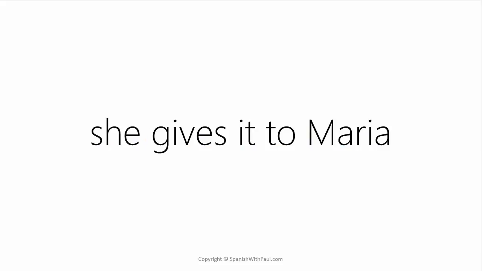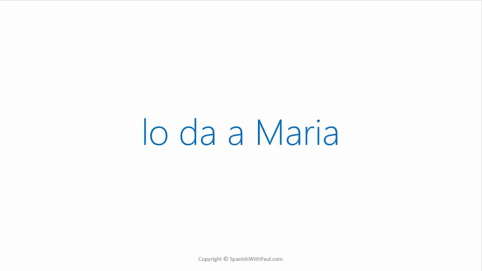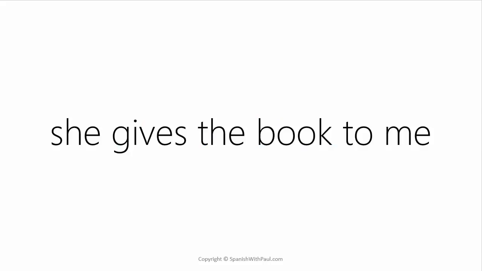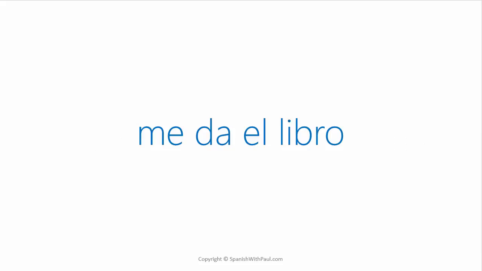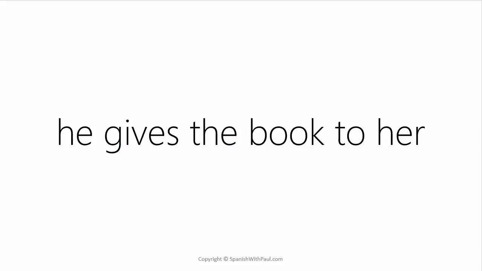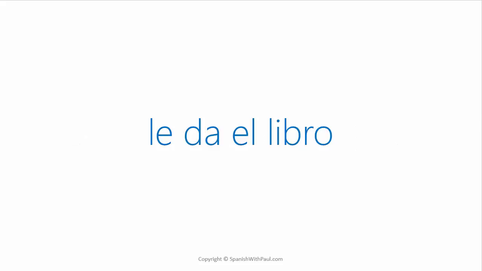How would you say she gives it to Maria? Lo da a Maria. She gives the book to me. Me da el libro. He gives the book to her. Le da el libro.